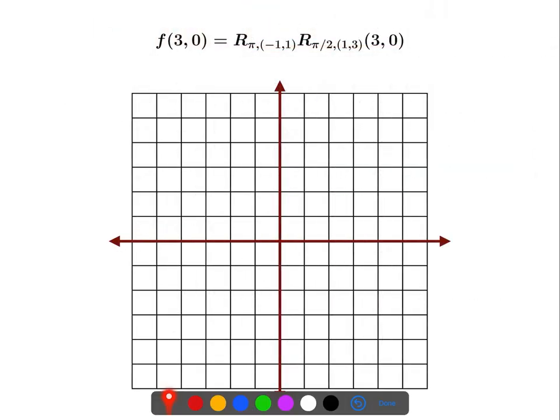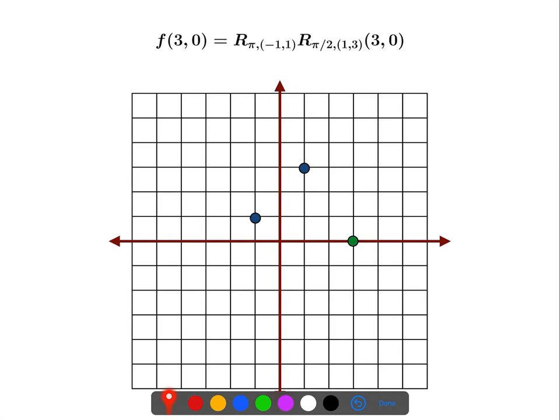So to illustrate that, we went through this in our example before. We had the 2 points that are giving us the centers of our rotations in these products. This is (1, 3) here. And we have the (-1, 1) here. And we looked at what happens to (3, 0).